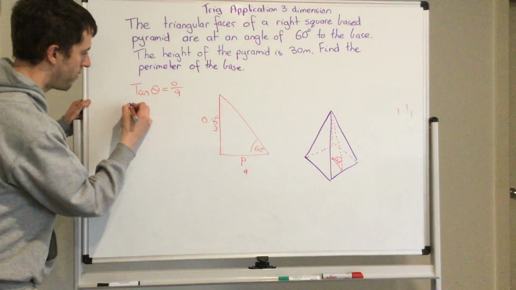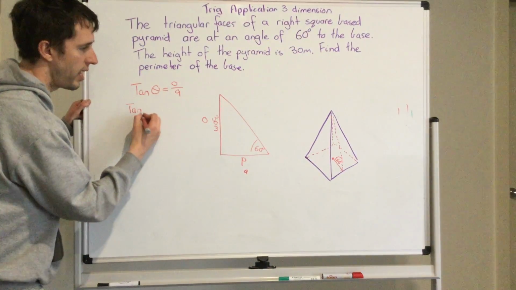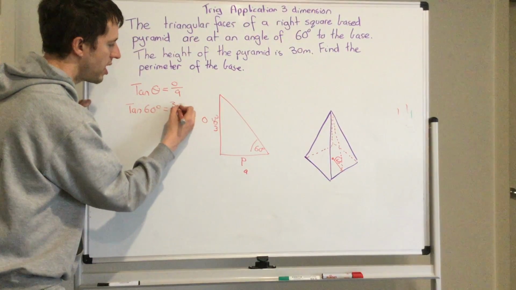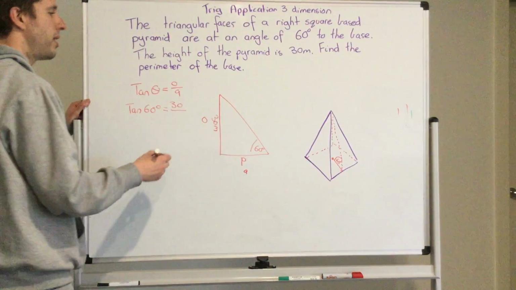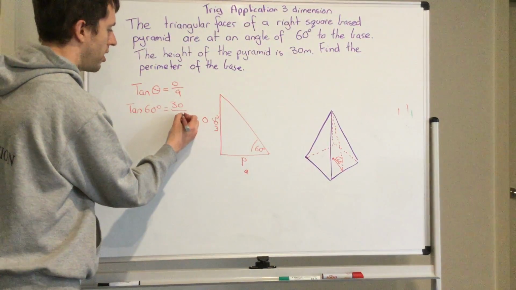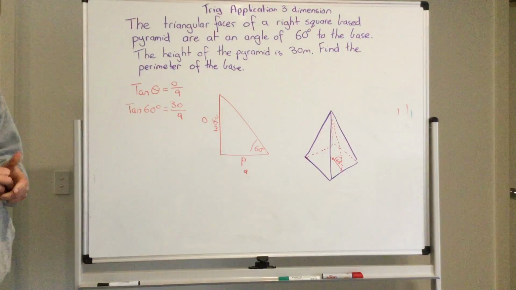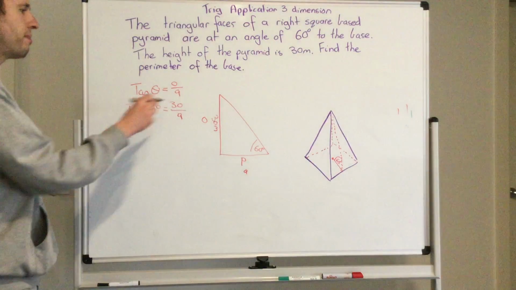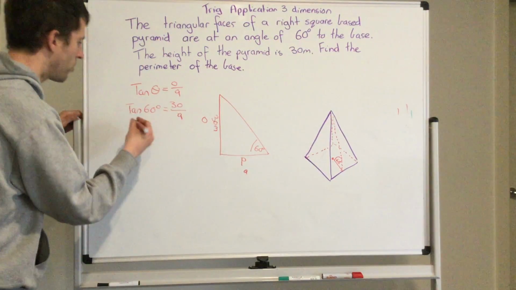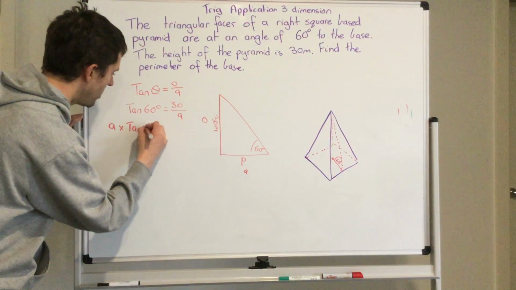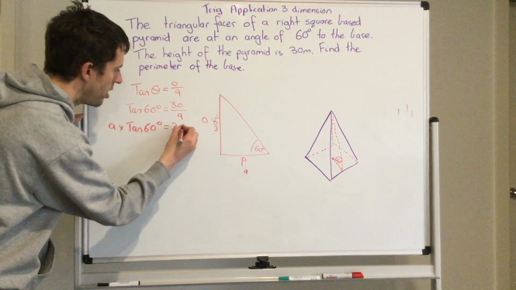So we have tan 60 degrees. We know we've got 30 and we are still trying to find out our base, so A. Now to work it out, we need to get A by itself. So if I times each side by A, it cancels it out on this side and becomes A tan 60 degrees equals 30.